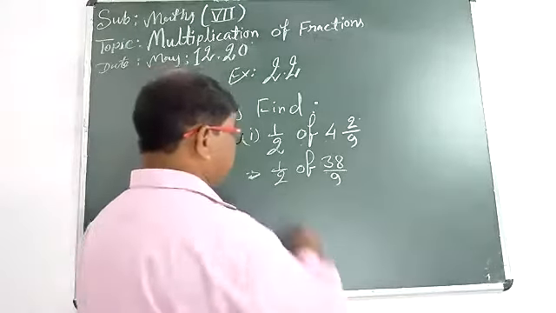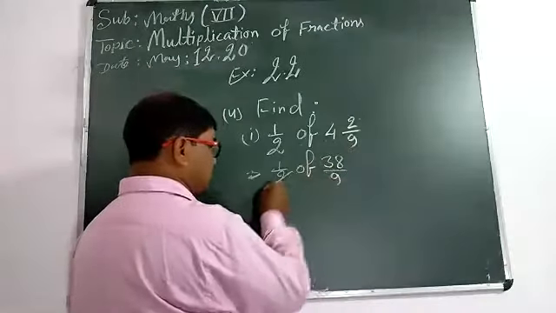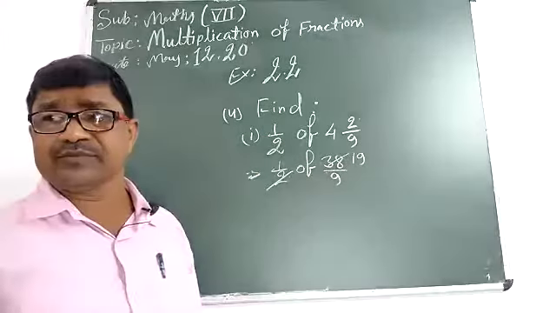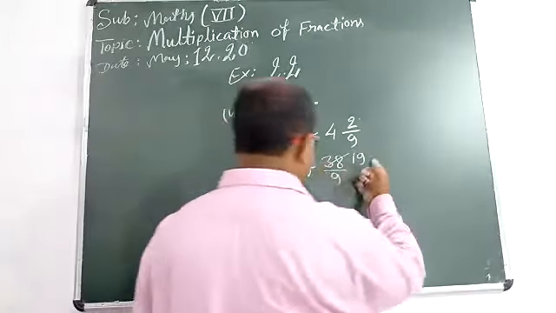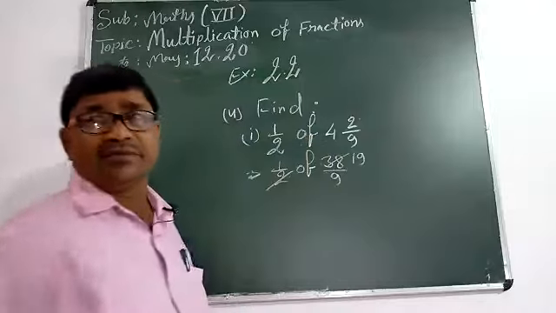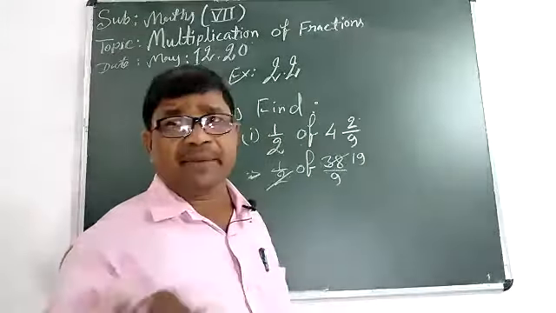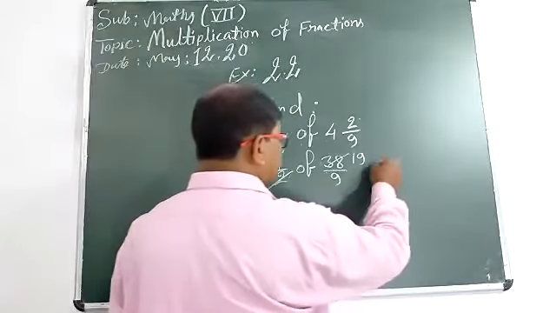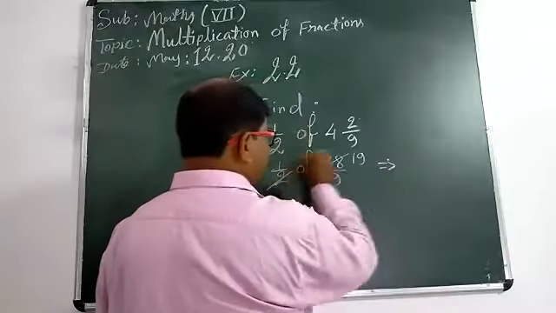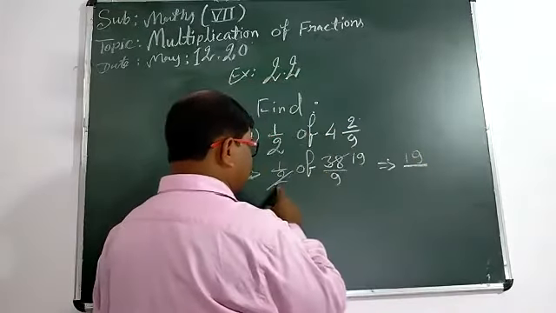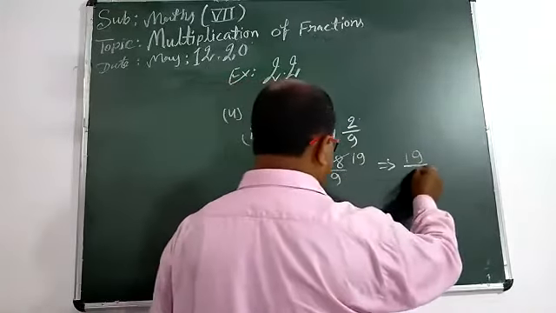Between 2 and 38, student, 2 1s are 2, 19 2s are 38. Now between 19 and 9, no common divisor. So we write 1 multiply 19 is 19 and 9 multiply 1 is 9.